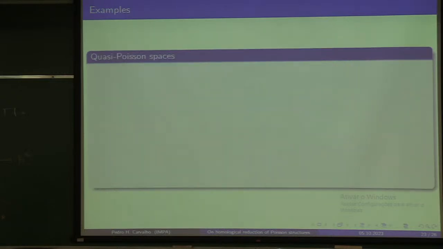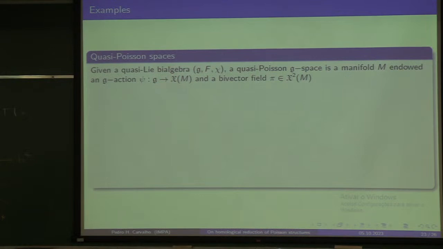So there is a generalization of this case, which is like these quasi-Poisson spaces, where I now consider a Lie algebra. In this case, I'm considering one of these weak Poisson structures because this is not Poisson, it's Poisson up to something. And it's this trivector that I consider that's part of the Lie algebra data.